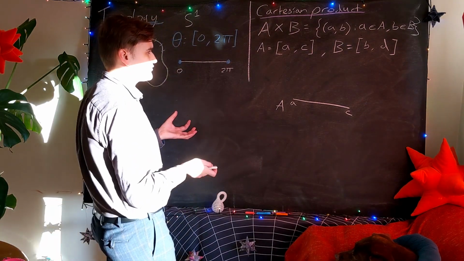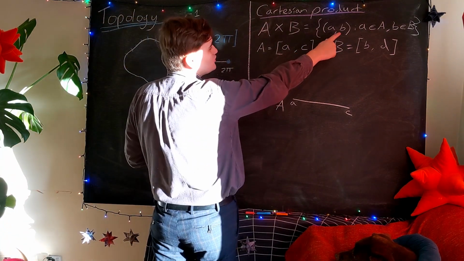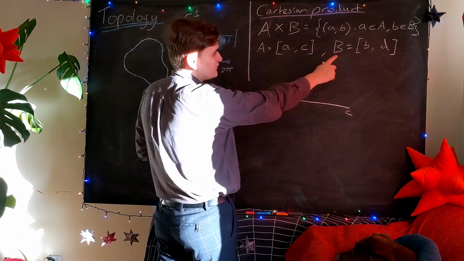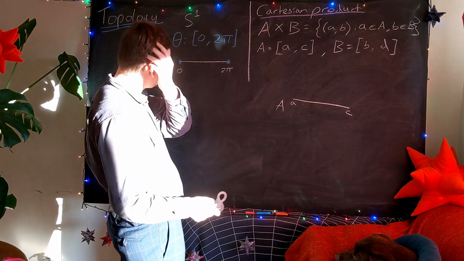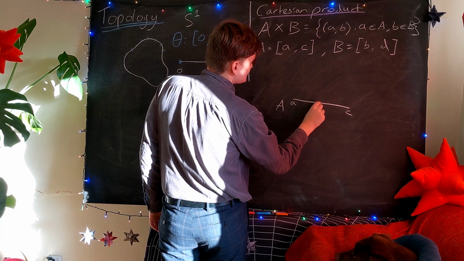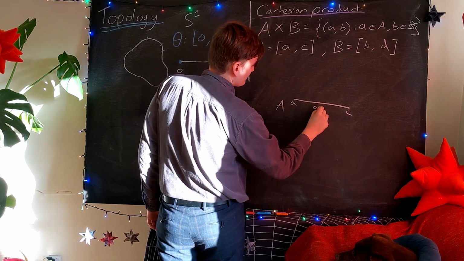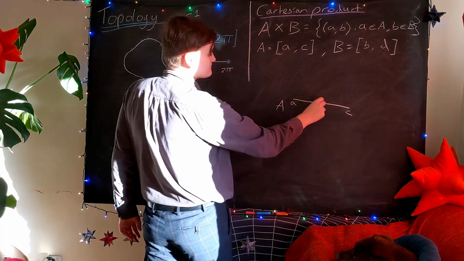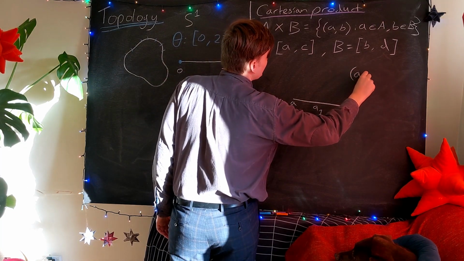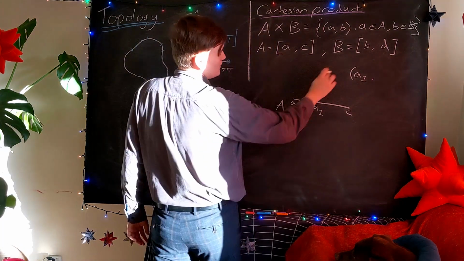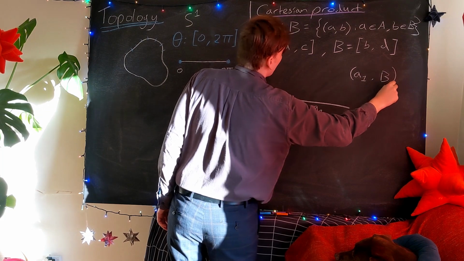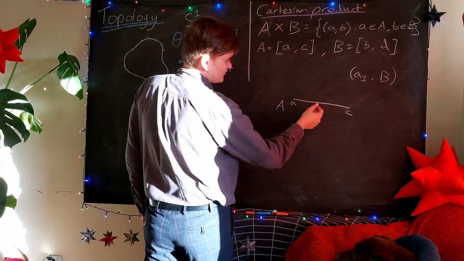Now, to form the Cartesian product, we need to produce the set of all the possible pairs with one element coming from the set A and one from the set B. So if we just consider now what one of these pairs might look like, let's choose an element in A, which I'll call A1 for now. Now we need to form all the possible pairs of this A1 element with every element in B. So essentially we can just plug in the whole set B. And what does this look like now?